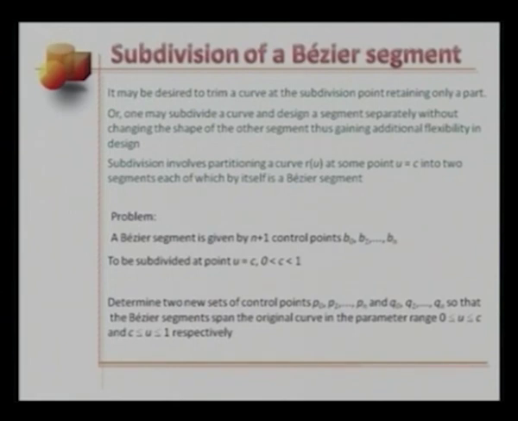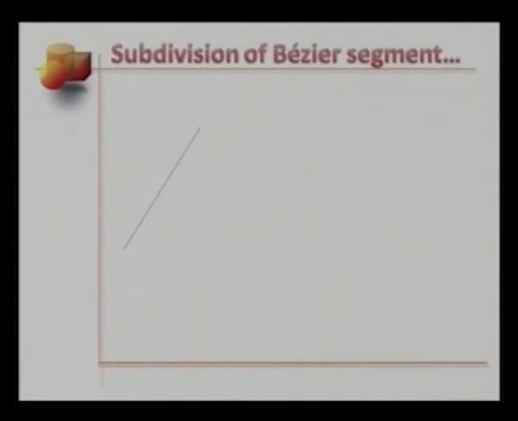Let's see how we can determine these control points. Let's say we have this control polyline. Well, you guessed it right. This is for a cubic Bezier segment. And let's say this is our Bezier segment.